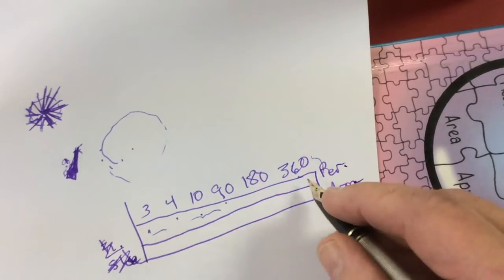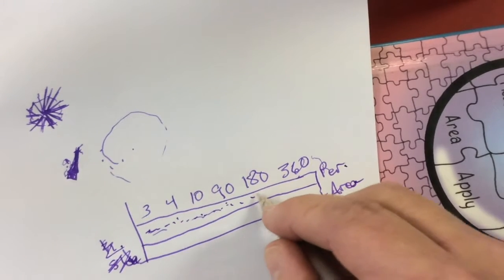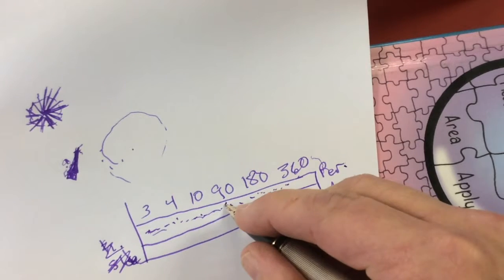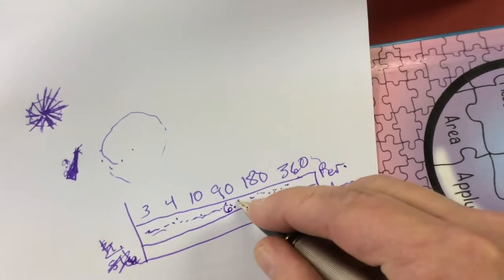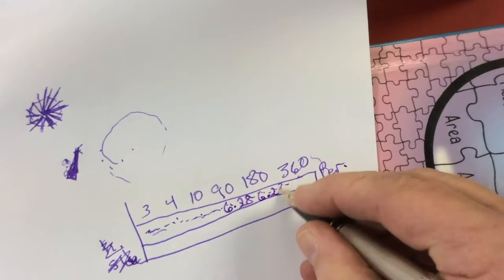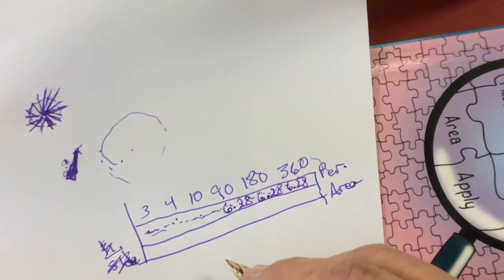And it turns out that the perimeter, as you go further and further, depending on how many decimal places you want to go, you can get closer and closer. Right? Somewhere around here, if you're just rounding it to 2 decimal places, becomes about 6.28.